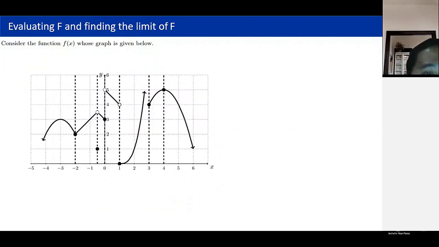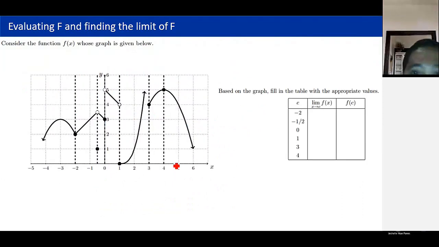Consider also this graph. Then we have to fill in the table with the appropriate values. So I will call somebody or volunteer somebody who would like to answer. So for example, based on the graph, yung C natin is negative 2. Tingnan natin yung C dito, yun yung X that approaches to that value.